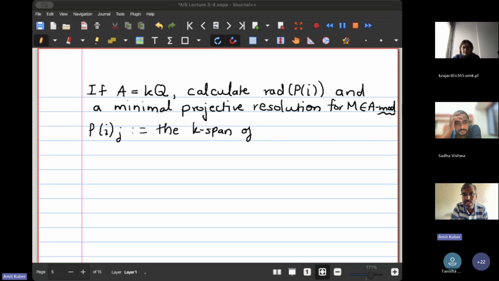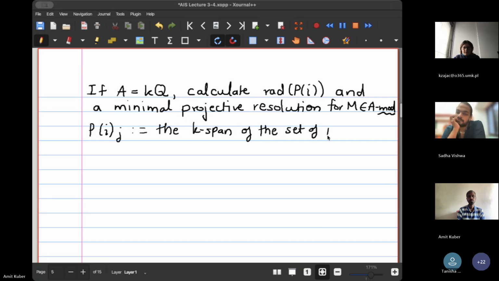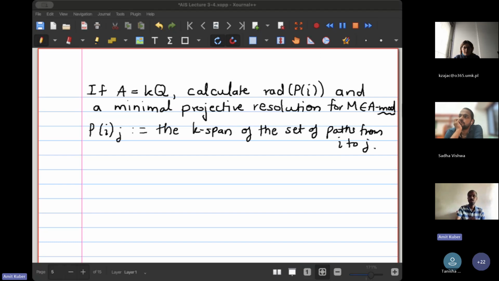Yes, the K span of the set of paths from i to j. Here I'm assuming A is finite dimensional, so therefore Q is acyclic. Let us make our life simple for now.